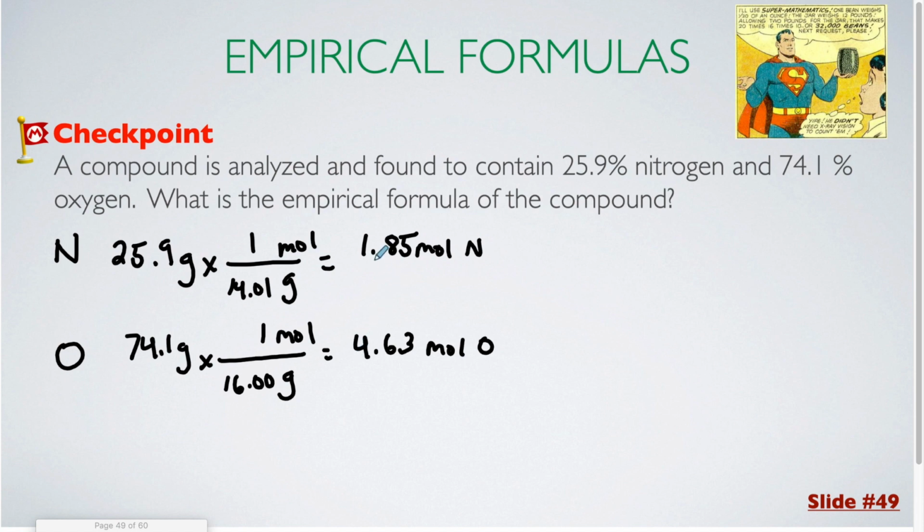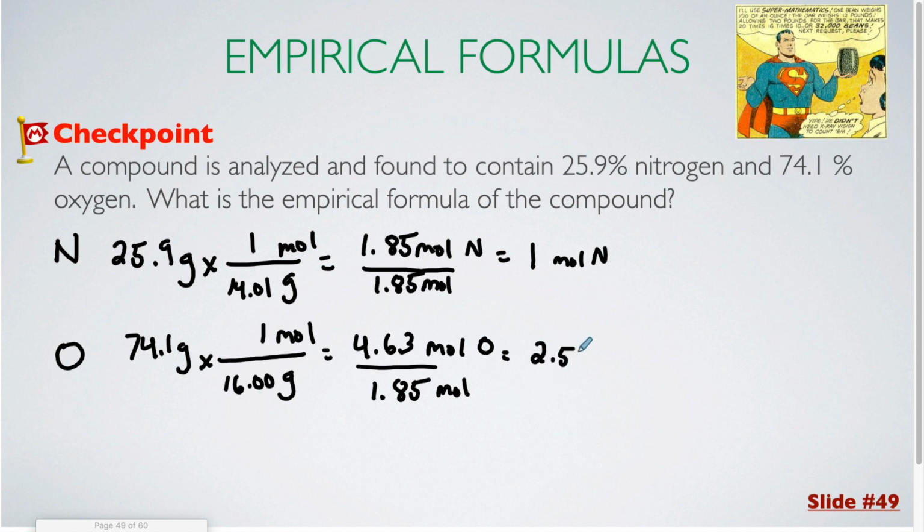So what we're going to do is divide both of these values by whichever one was smaller, which is going to be our 1.85. Now, for the nitrogen, that's going to come out to a nice whole number. It's going to be 1. So now I have 1 mole of nitrogen. For the oxygen, it's not quite so nice. It comes out to about 2.50.